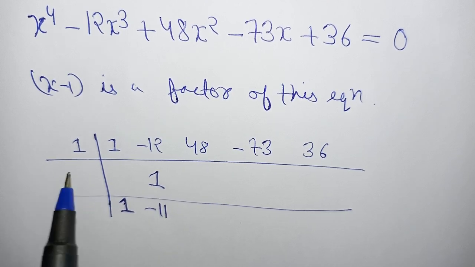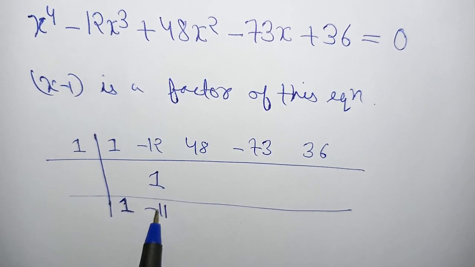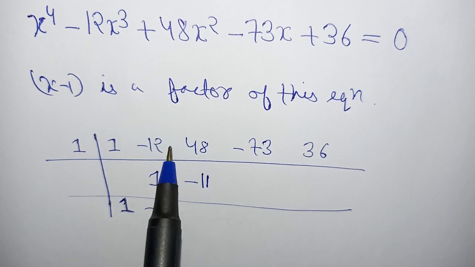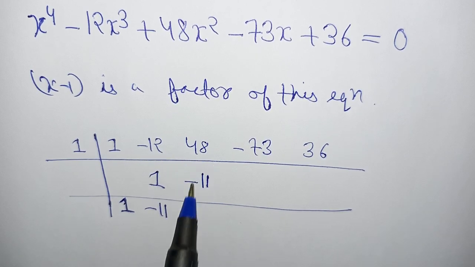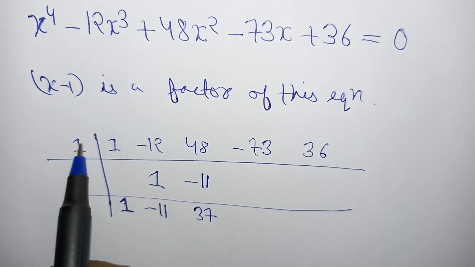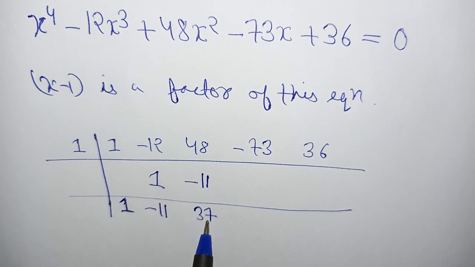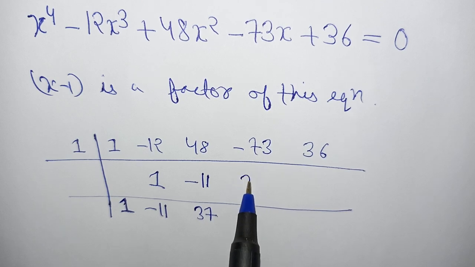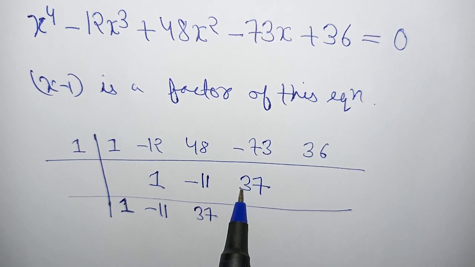Now repeat the same thing: root value times coefficient value, 1 into minus 11 is minus 11. Now add these terms, 48 minus 11 is 37. Repeat the same thing, root value into 37 is 37, and add these terms, which gives you minus 36.